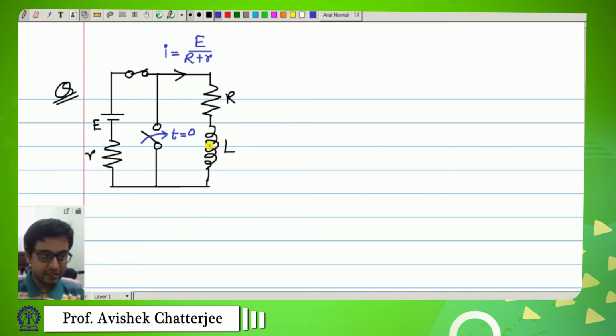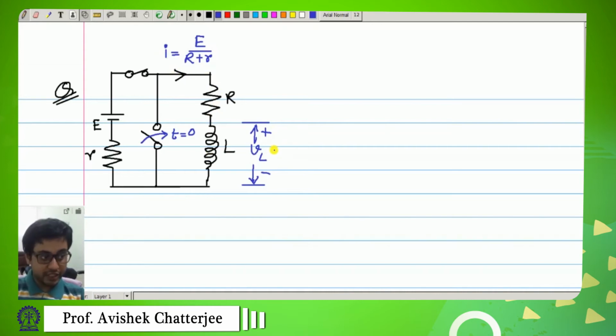Let us see that. Okay, for that let me call the voltage across this inductor VL. Let me take this upper side as positive, lower side as negative. This is my chosen reference direction, and then the current is chosen in this direction, that is from top to bottom.